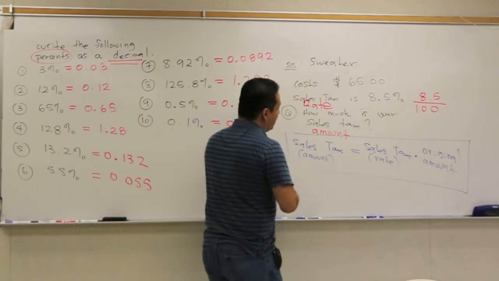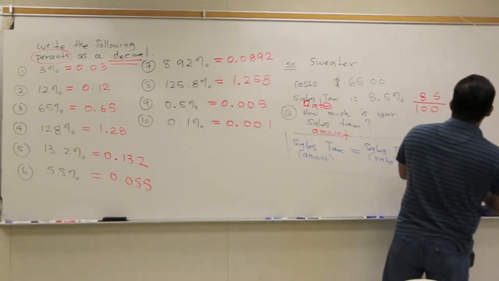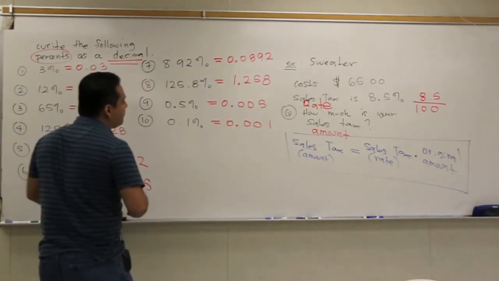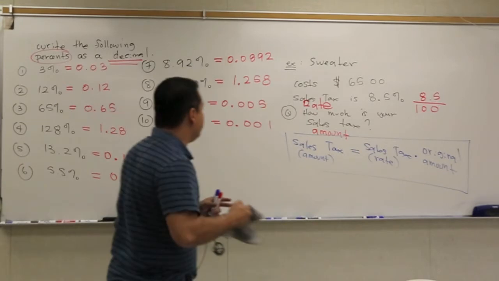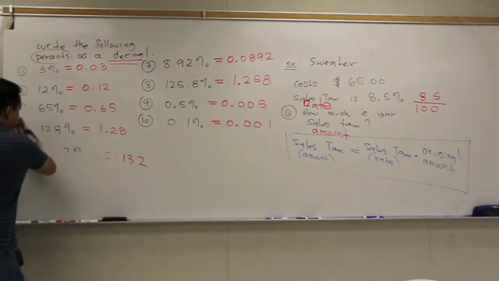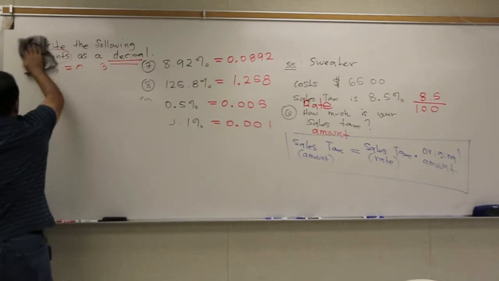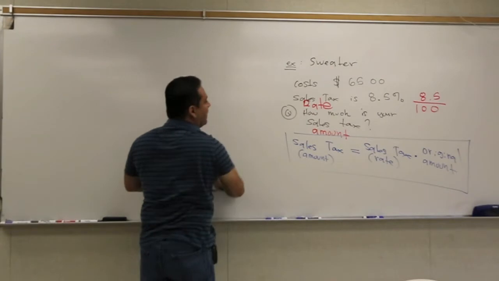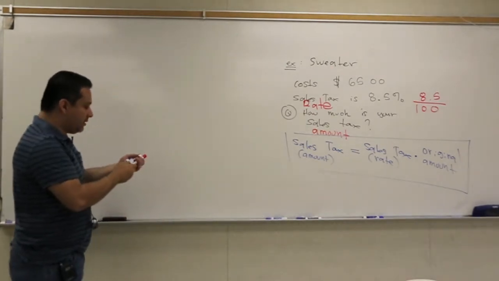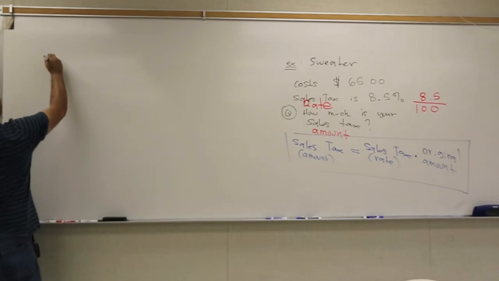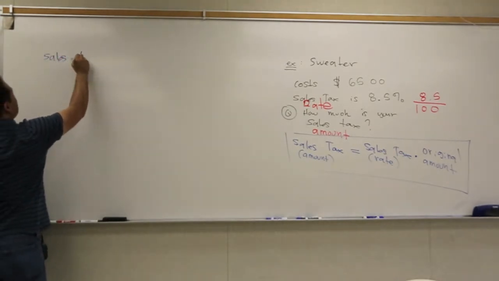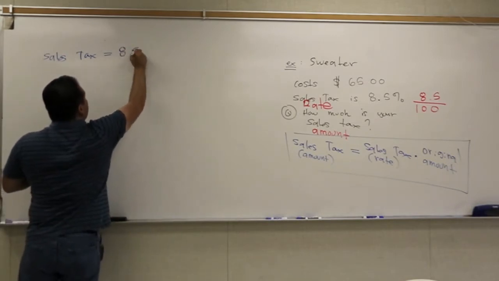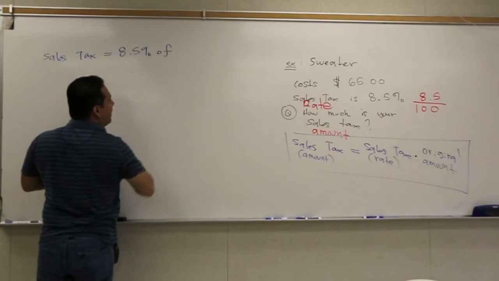So what do you do? Let's see, if we're going to compute this, all right, let's go back here. How about if I erase some of these decimal values for you? Okay, so if we compute this, the reason they want you to write every percent as a decimal is because when you use this, the sales tax is, as an amount, you don't say, well, it's 8.5% of what?